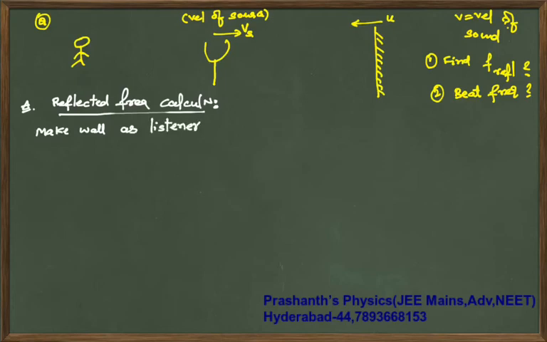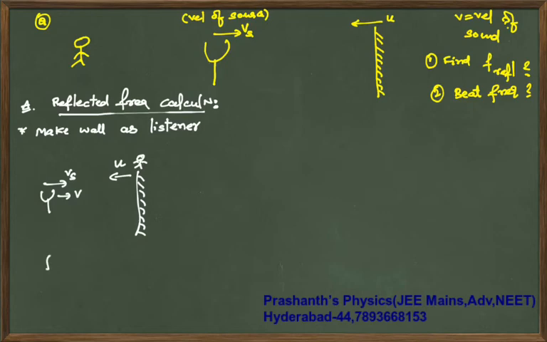If you make the wall the listener, that means indirectly there is somebody standing on the wall. You have a source which is sending sound with speed v, the source is moving with vs, and the observer, the wall, is moving with u.